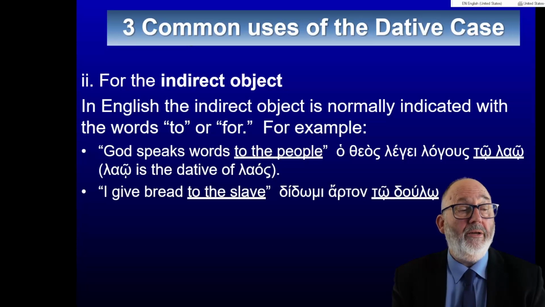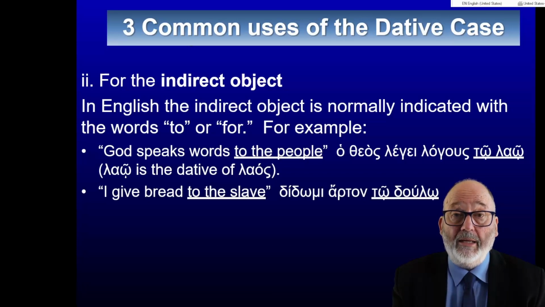Didomi, arton, to doulo. To doulo is in the dative case. It's of the noun doulos, second declension masculine noun. Omega with an iota subscript indicates a dative case, and the dative case itself is indicating that it is the indirect object.